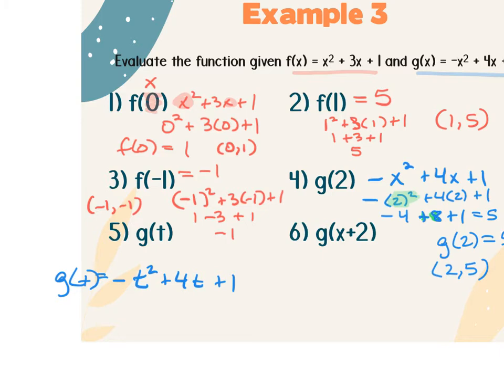Now the next one, I'm taking out x and I'm replacing it with x plus 2. So just to write it, so g of x plus 2, -x squared, just rewrite this thing. So now I'm taking out all of these x's, and in its place, I'm putting this.